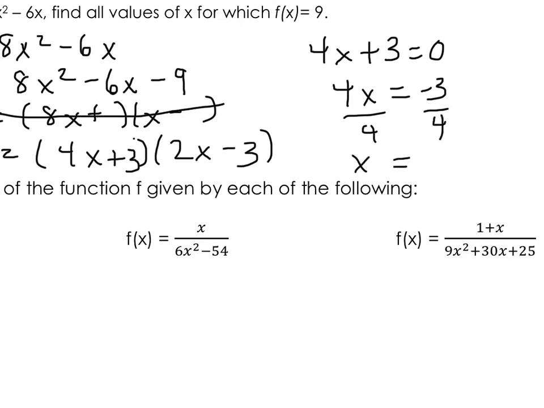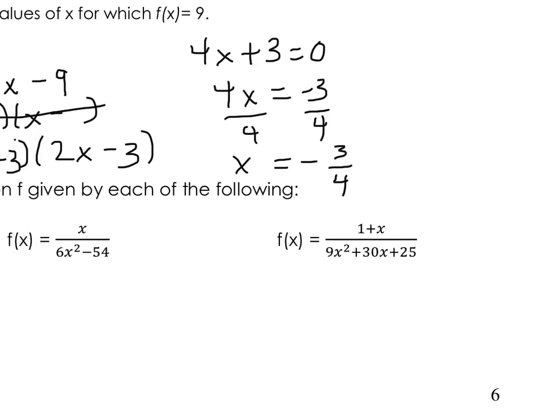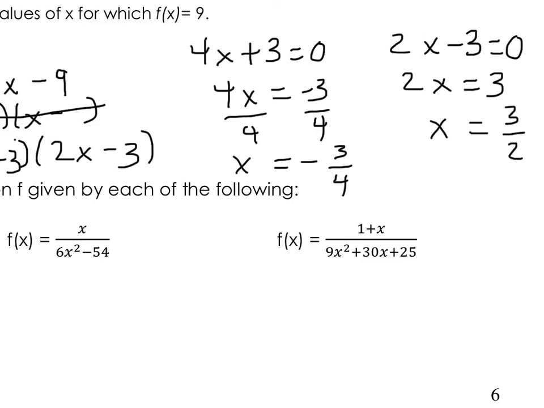X equals negative 3/4. 2x minus 3 equals 0. 2x equals 3. X equals 3/2. So we have two solutions there.